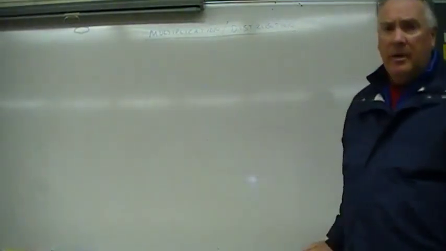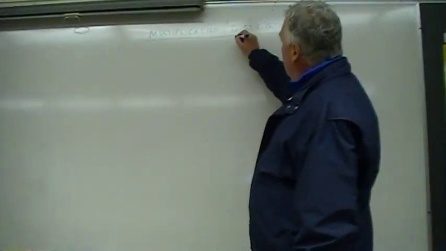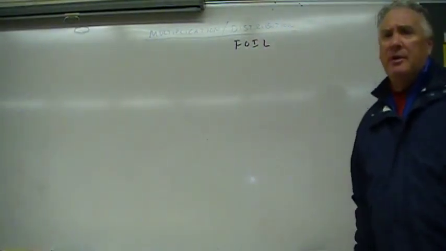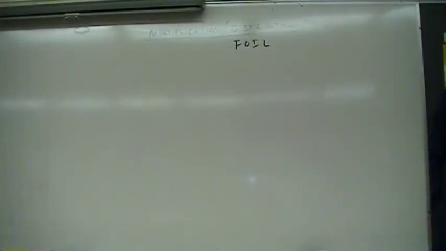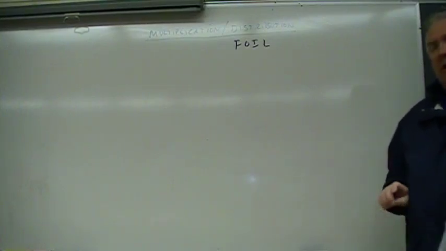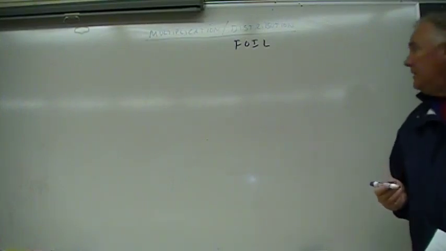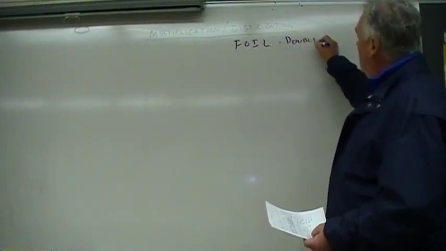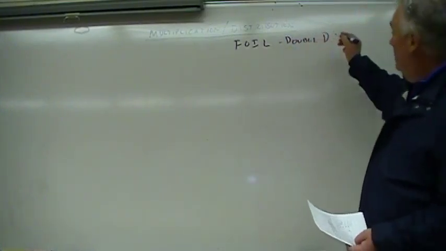Okay, now we're going into the last part here, which, as you move through your math life, you're going to hear teachers say, FOIL this. And foiling means it's also double distribution.